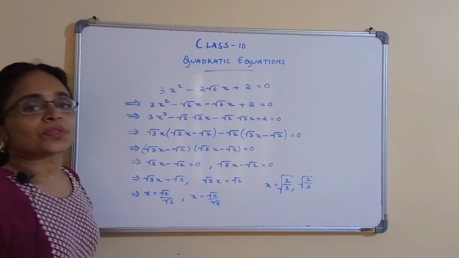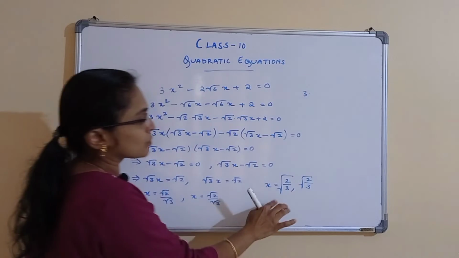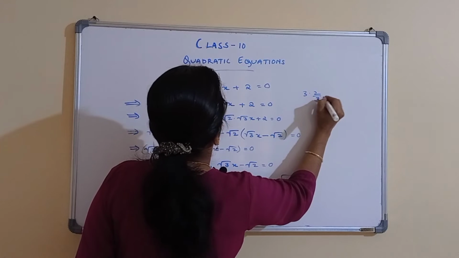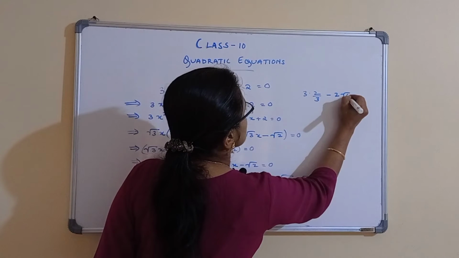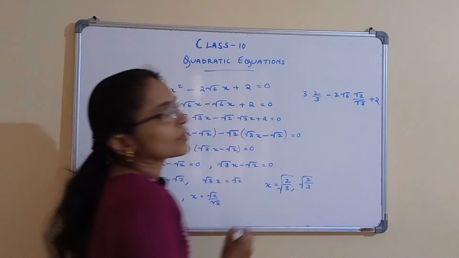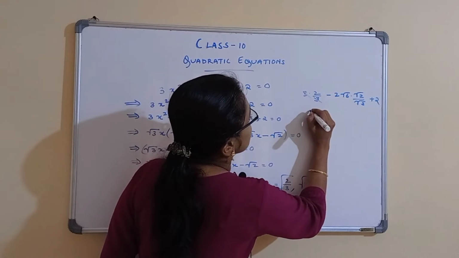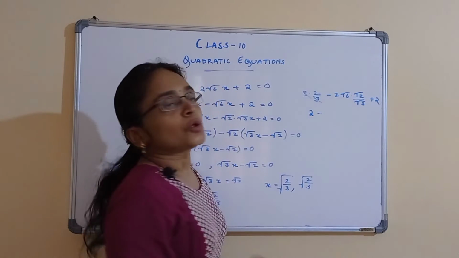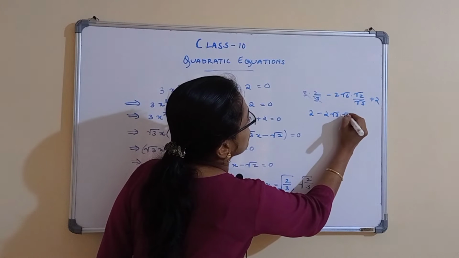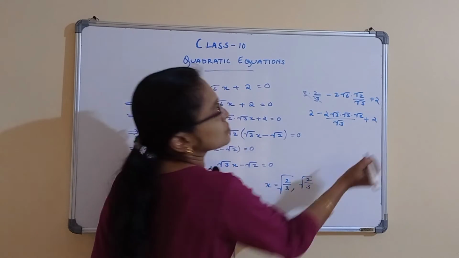That is, the roots are x equal to root 2 by root 3 and root 2 by root 3. Okay, so we can check this now. 3 into root 2 by root 3 square is 2 by 3. So 3 into 2 by 3 minus 2 root 6 into root 2 by root 3 plus 2. Okay, so this gets cancelled and here 2 minus root 6 is the same as 2 into root 3 into root 2 into root 2 by root 3 plus 2.